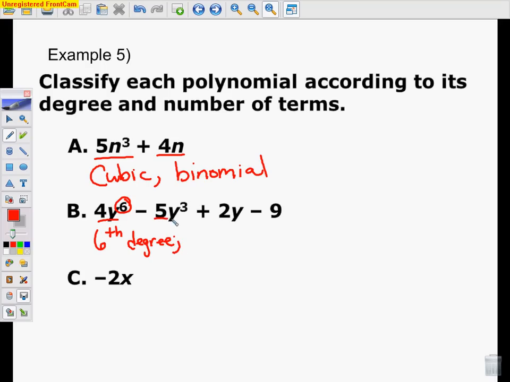And it has 1, 2, 3, 4 terms, so that's just going to be a polynomial. There's no specific name for polynomials with 4 terms. Part C, the highest exponent on the variable is 1, so that would be a linear. And it is 1 term, so that's a linear monomial.